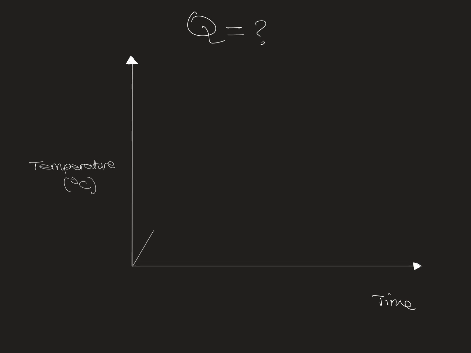We're going to have the transition of ice that is initially at minus 5 degrees Celsius to ice at 0 degrees Celsius. That will be the first transition, from ice at minus 5 degrees Celsius to ice at 0 degrees Celsius.